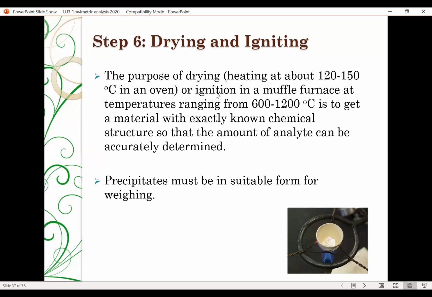Sometimes ignition is used to change the chemical formula or the chemical structure of a compound. Why do we want to do that? Because sometimes it helps the determination of your analyte if you change it into a different type of compound. We'll see some examples later.